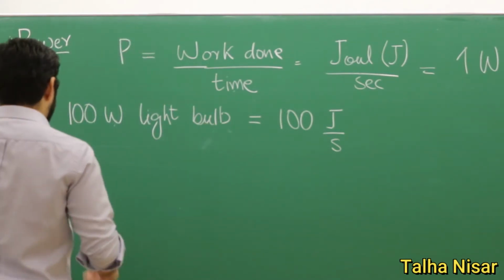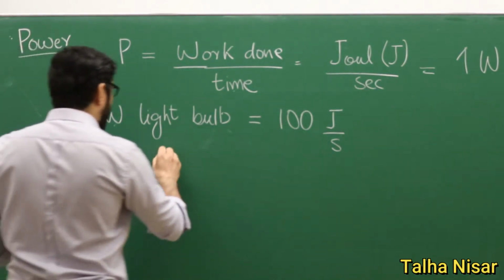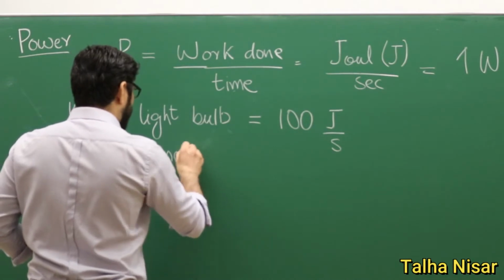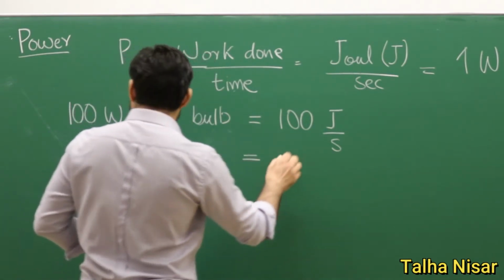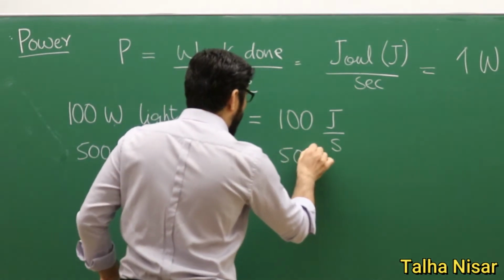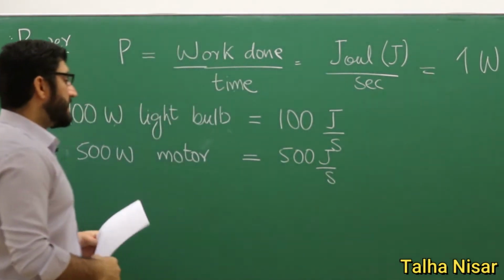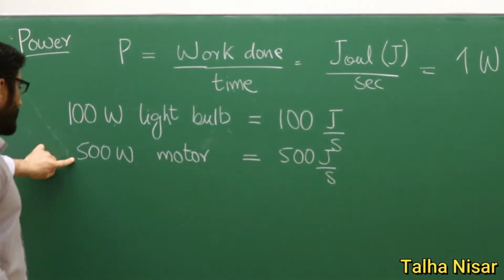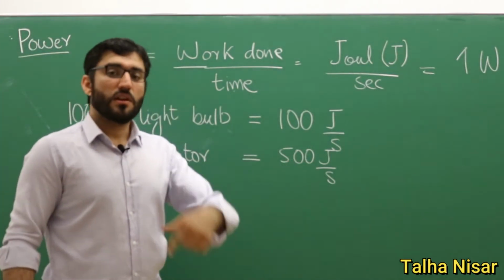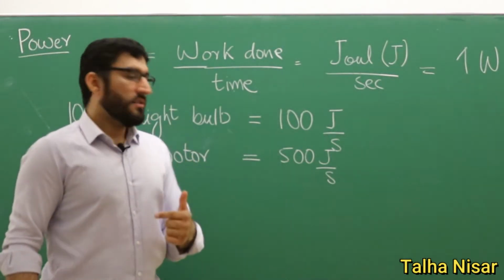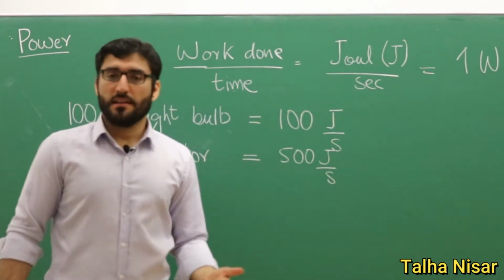Similarly, if we have, for example, a 500-watt motor, we can also write it as 500 joule per second. So it means that this 500-watt motor is converting 500 joule of electrical energy into mechanical energy.